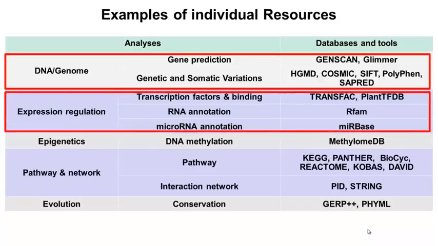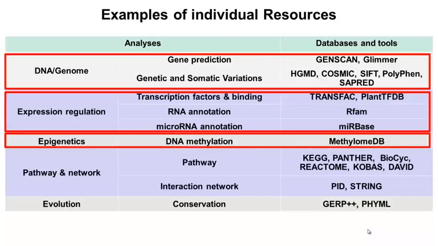If you're interested in studying expression regulation, you can find data on transcription factors and transcription factor binding sites in TransFac and Plant TFDB, non-coding RNA families in RFAM, and microRNA annotations in miRBase.